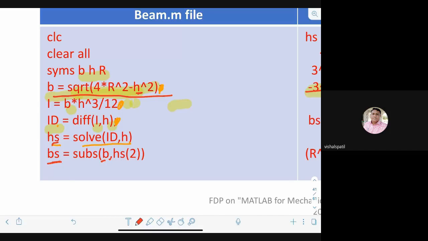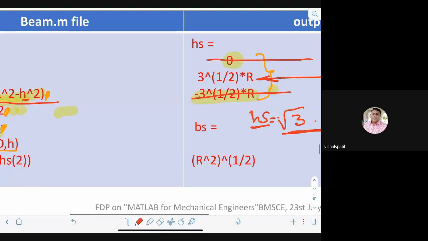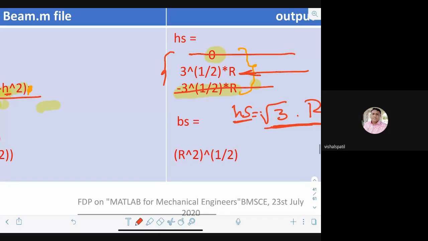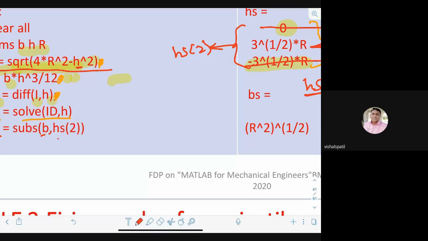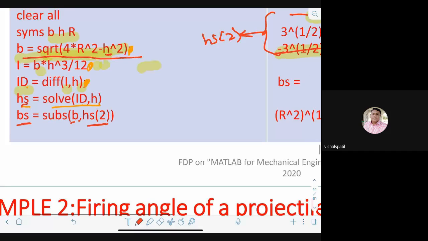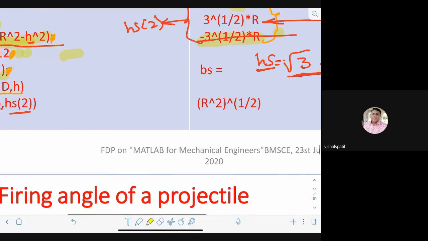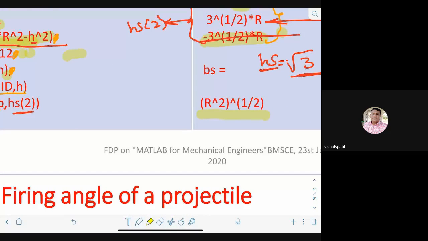But only thing that you need to observe here is there were three outputs. Out of these three outputs, the second output HS of 2 is the acceptable solution. Therefore, you should substitute HS of 2 here and you get this expression. Remember, this expression is nothing but R itself. R squared to the power of half is R itself.